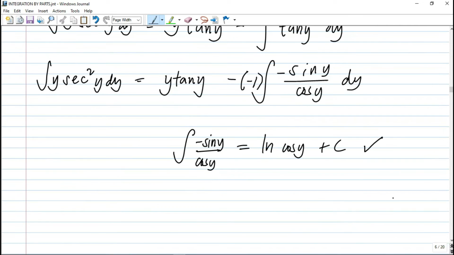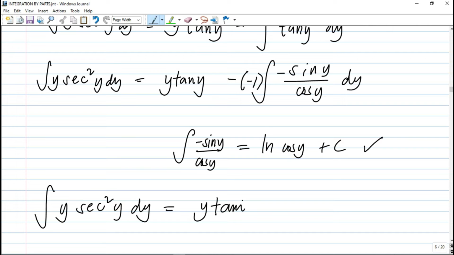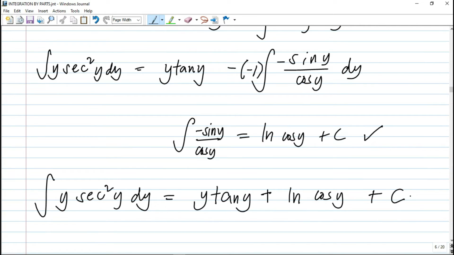So integral of y secant squared y derivative of y equals y tangent y, negative times negative is positive, so plus integral of negative sine y over cosine y, that is ln cosine y, plus c. This is the final answer for this particular problem.